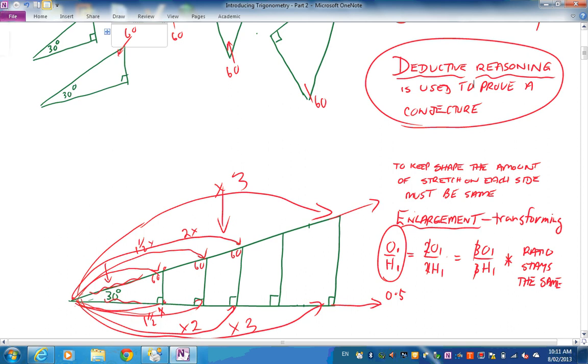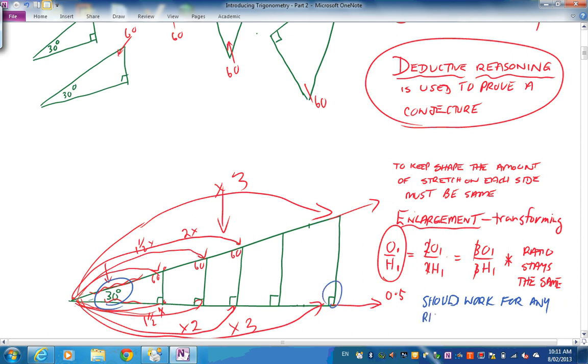Here, does it have to be 30? No, it doesn't, does it? It should work. We could line up any size triangles. It should work for any, now it has to be a right angle triangle, so these all match up and are the same shape.